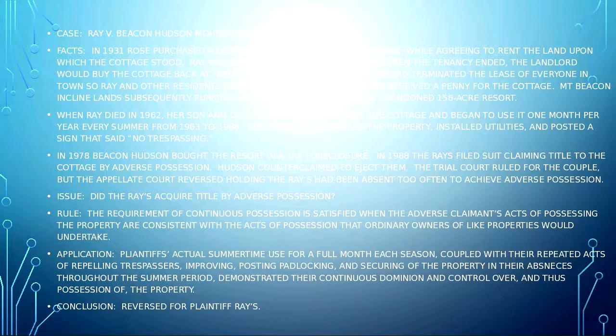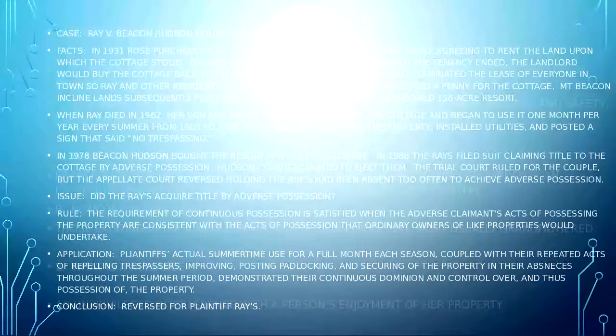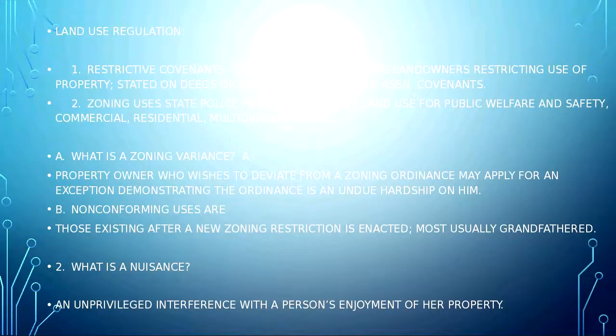The plaintiff's actual summertime use for a full month each season, coupled with their repeated acts of repelling trespassers, improving, posting, padlocking, and securing the property in their absences throughout the summer, demonstrated their continuous dominion and control, right? And so, yeah, the higher court agreed and reversed for plaintiff Rays. Okay? All right, let's talk about land use regulation.